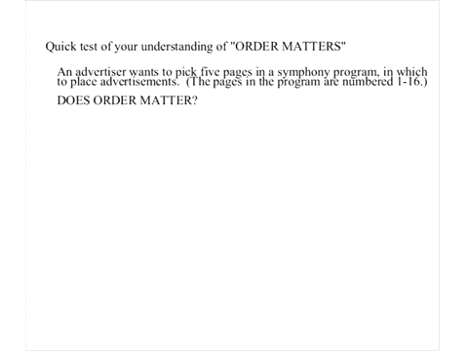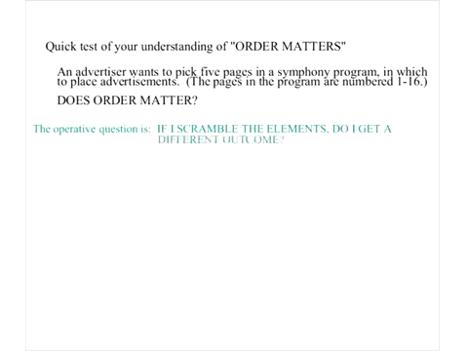But remember, the operative question is, if I scramble the elements, do I get a different outcome? That's really what we're asking here. So just consider a particular outcome where you scramble the elements.